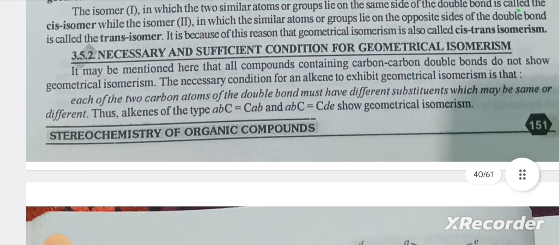Necessary and sufficient condition for geometrical isomerism. It may be mentioned here that all compounds containing carbon-carbon double bonds don't show geometrical isomerism. The necessary condition for an alkene to exhibit geometrical isomerism is that each of the two carbon atoms of the double bond has two different substituents, which may be the same or different on the two carbons.